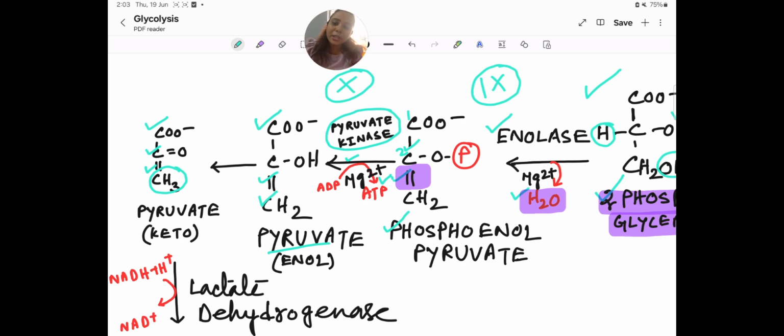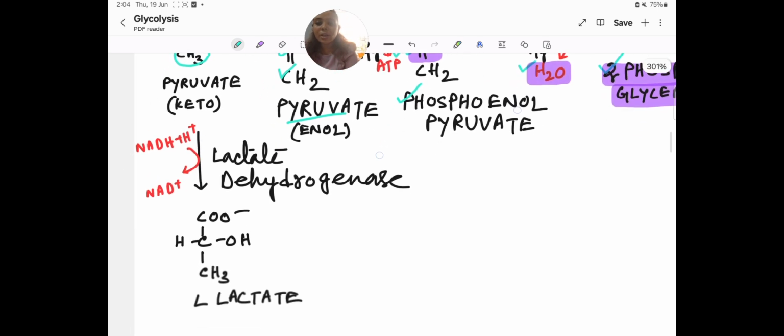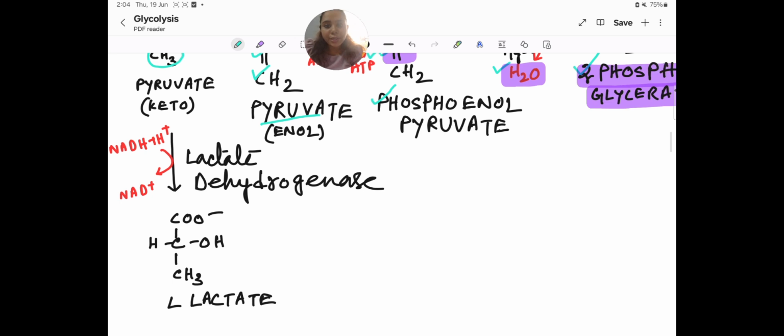And what I have said previously, glycolysis can occur in presence and absence of oxygen. In presence of oxygen we get pyruvate, right? But in absence of oxygen we get lactate. So if there is no oxygen, what will happen? That pyruvate, its ketone form, will change to lactate.